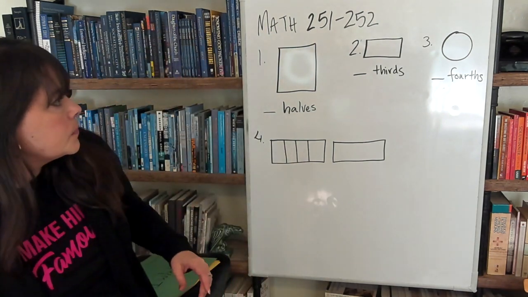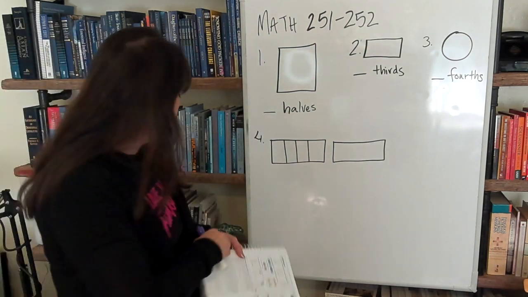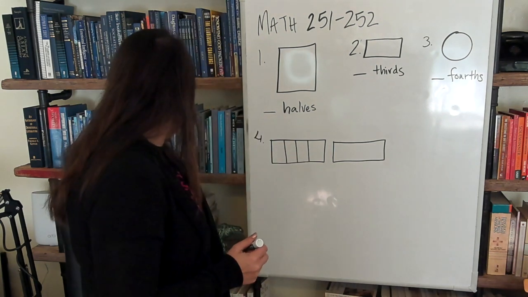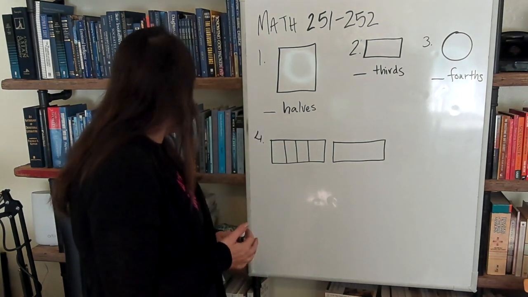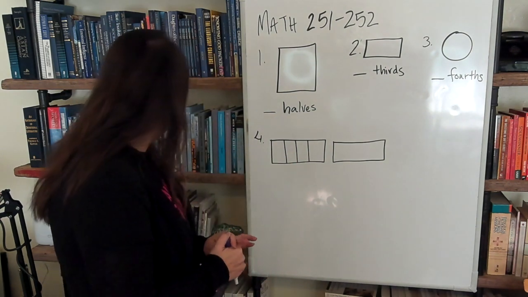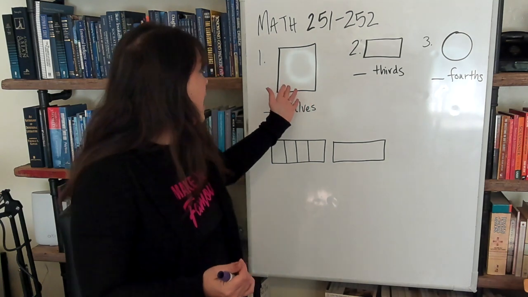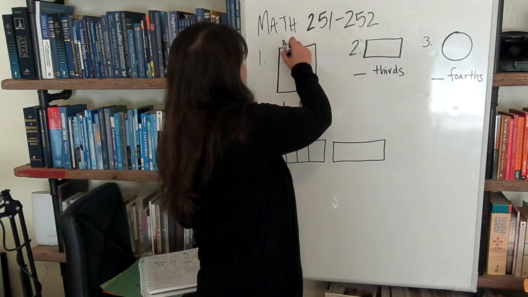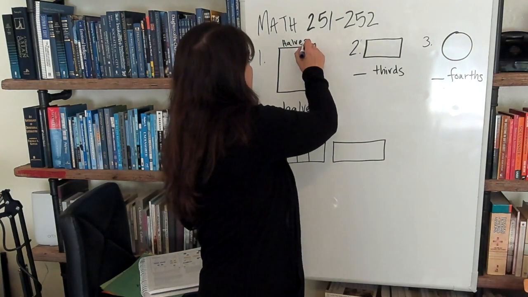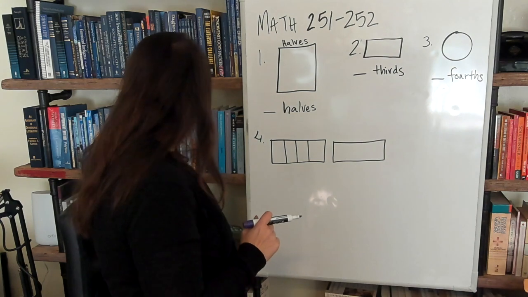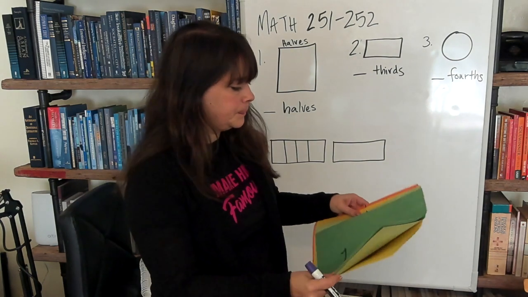All right. So let's look at your worksheet and do a few together. So you'll see it says partition the shape to show equal parts, label each part. All right, so here we have a square, and it asks us at the top to partition it into halves, which we know means 2, divided into 2. Remember, we've talked about it?